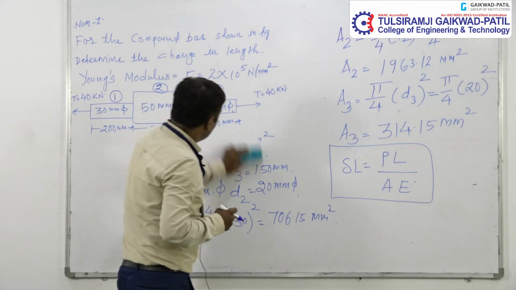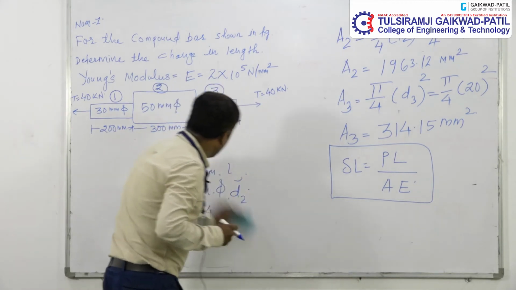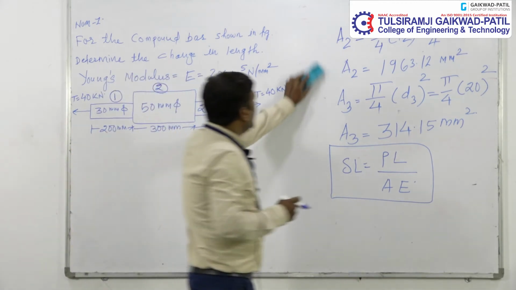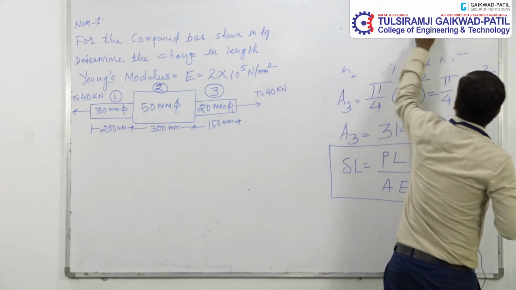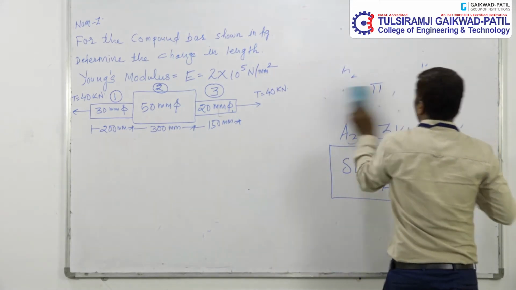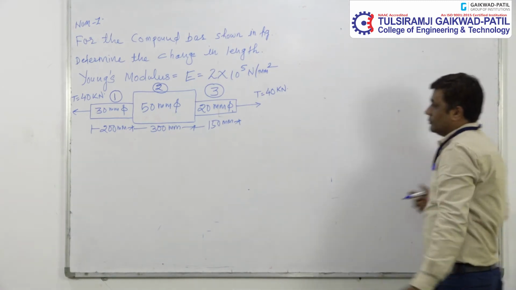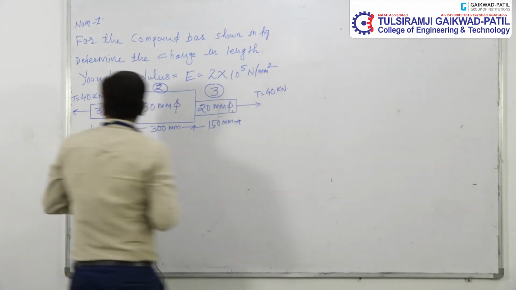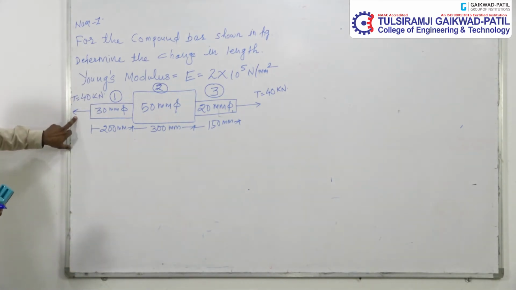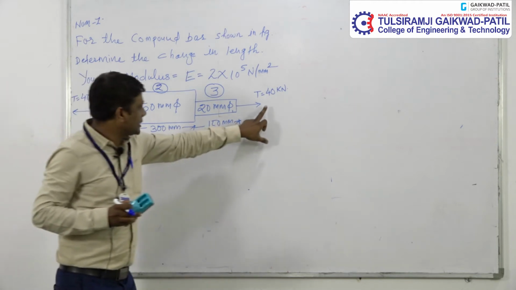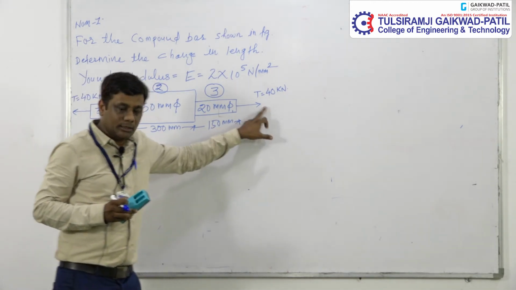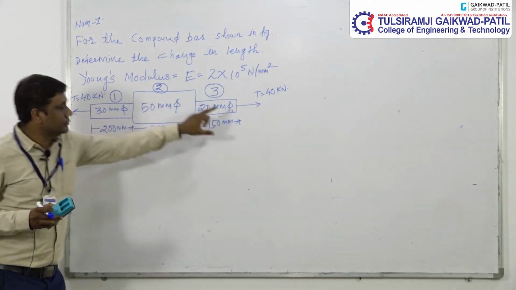So now we know that the given nature of force is a tensile force, and if you see this diagram, one tensile force is acting in the leftward direction and the second tensile force is acting in the rightward direction, and here three materials are given.